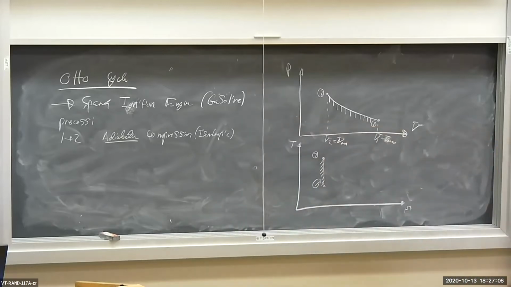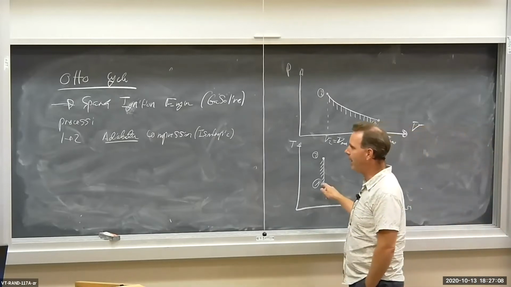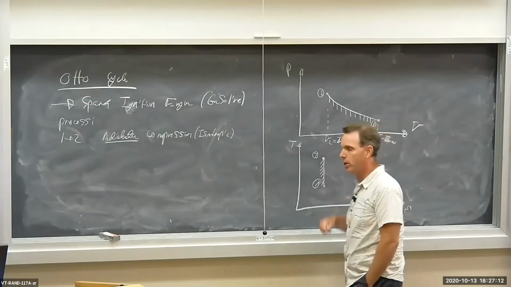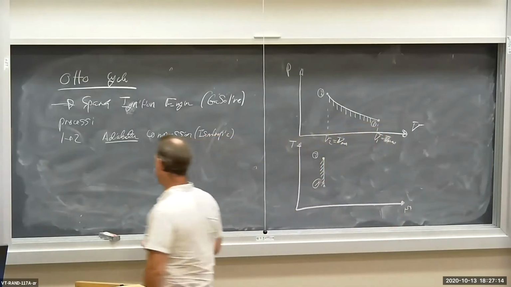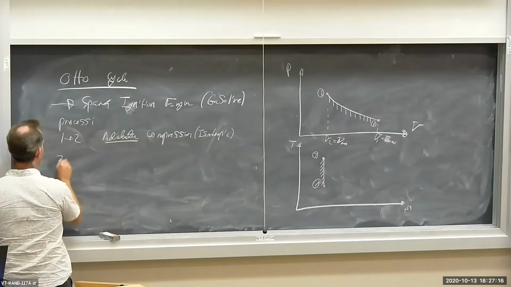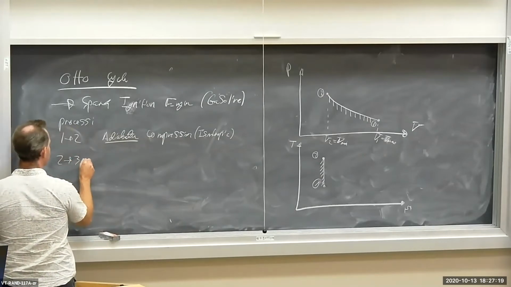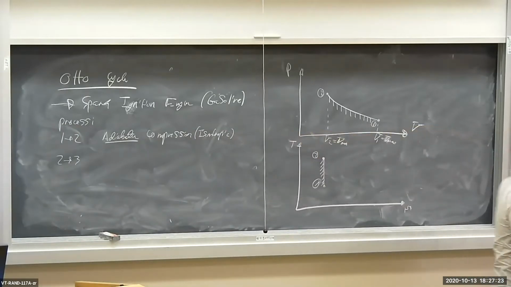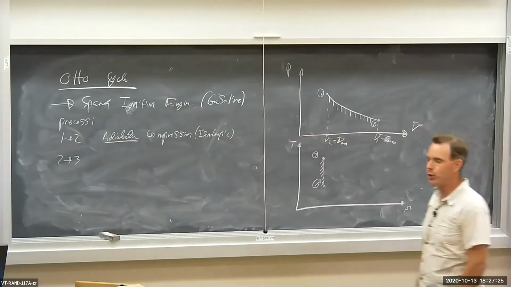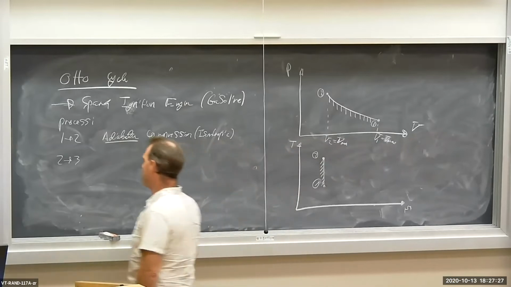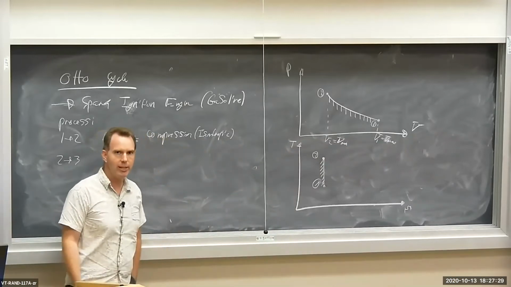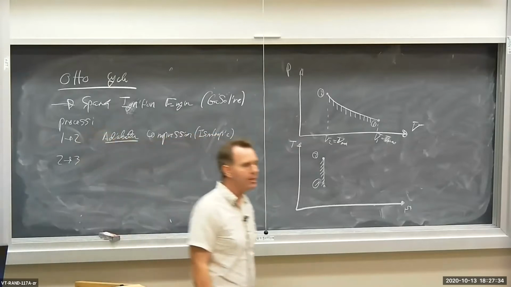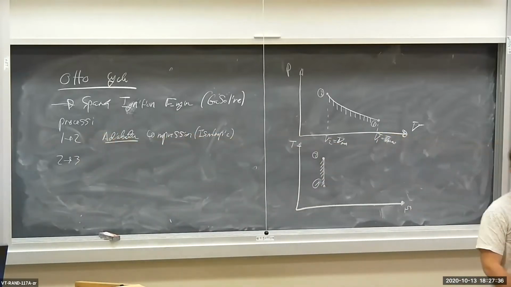Okay? So 1 to 2, adiabatic or isentropic compression. Temperature goes up, volume goes down, pressure goes up. Okay? 2 to 3. Instantaneous combustion or heat release or burning of the air-fuel mixture inside the piston cylinder device results in an instantaneous, instant release of heat.